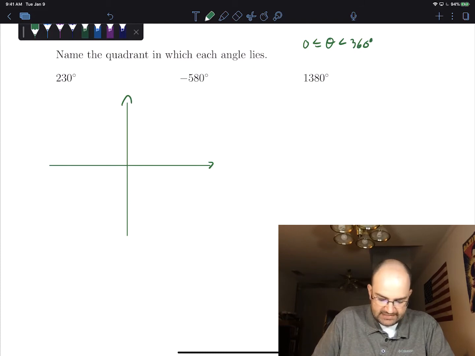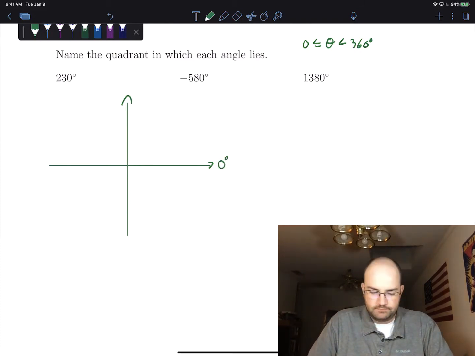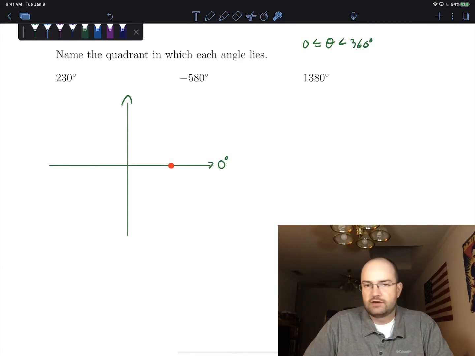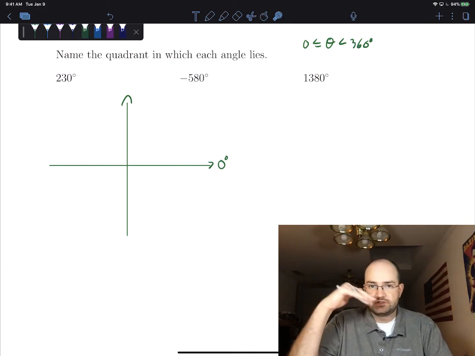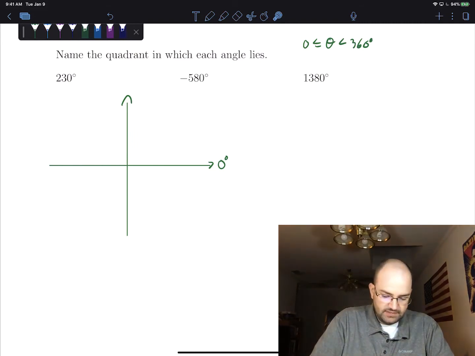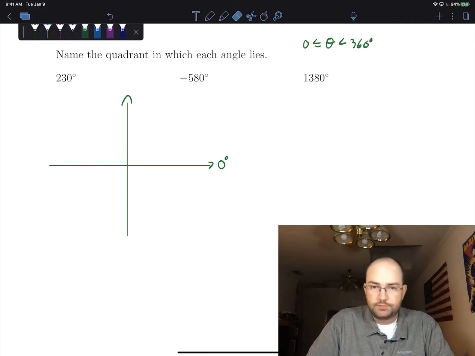the x-axis is actually 0 degrees because the initial side and the terminal side are the same thing, and you don't move anywhere, so it just stays right there. That means that it's a 0 degree angle. Go up this way. This is 1/4 of a circle. That means that the y-axis would be 360 divided by 4, which is, of course, 90 degrees.